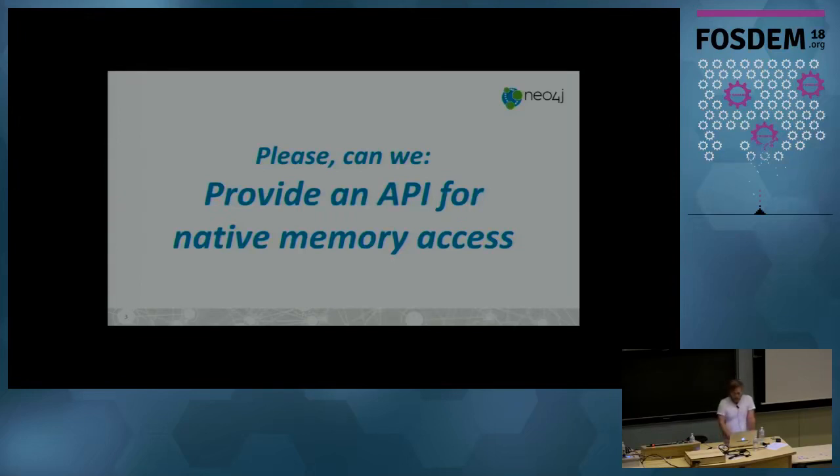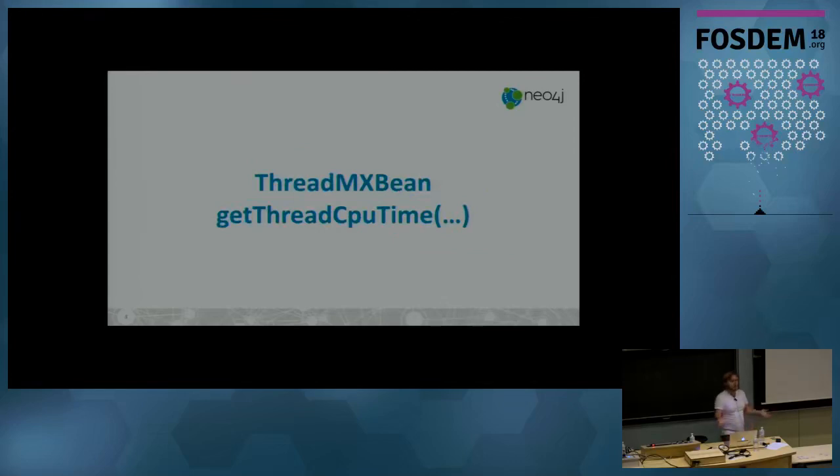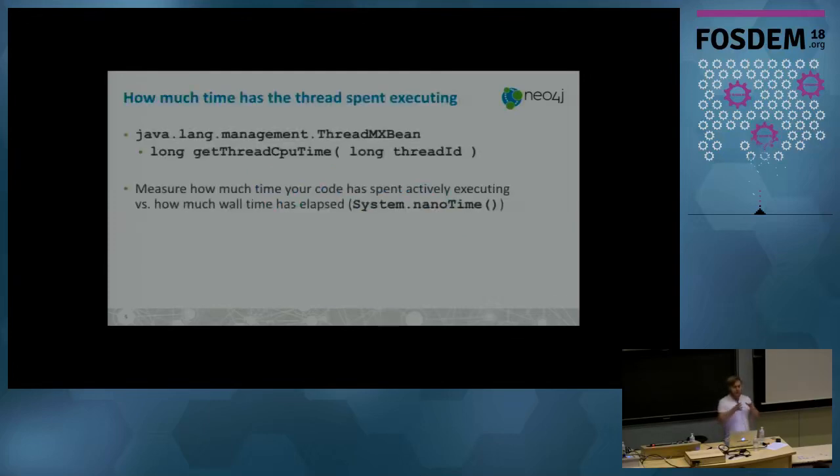So let's start with something that is public and not secret in any way. The ThreadMXBean has a CPU time method that gives you the amount of time that the thread you specify by thread ID has spent actively executing on the CPU.